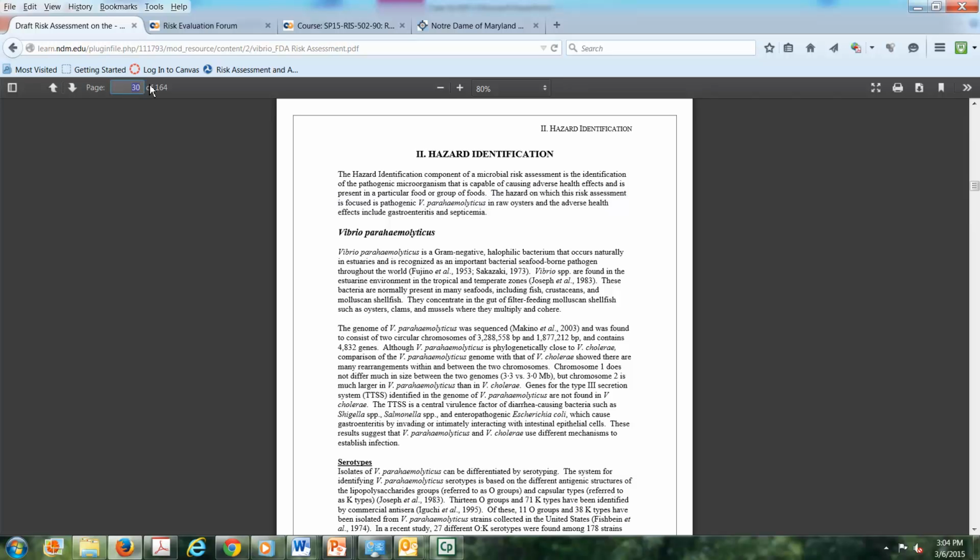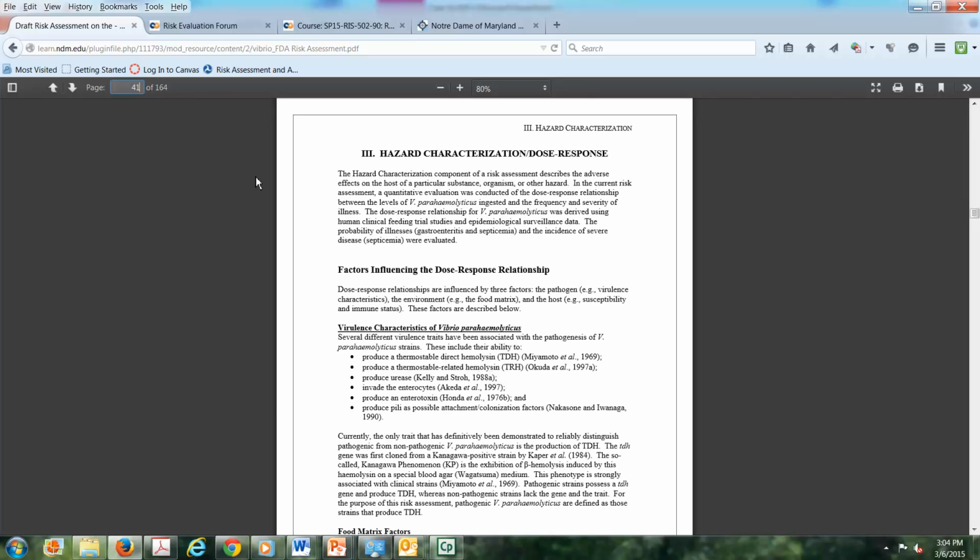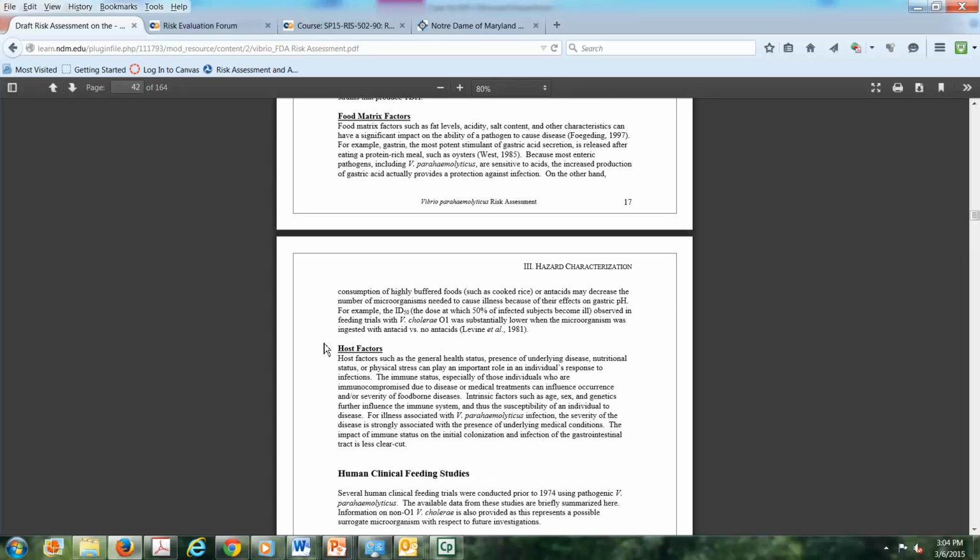If we move on to the hazard characterization, you would find here a lengthy discussion of the dose-response relationship, which is a critical part of the hazard characterization. But there would be a great deal of other information, the human clinical feeding studies that provide the data for the dose response, and it would go on with the scientific information.